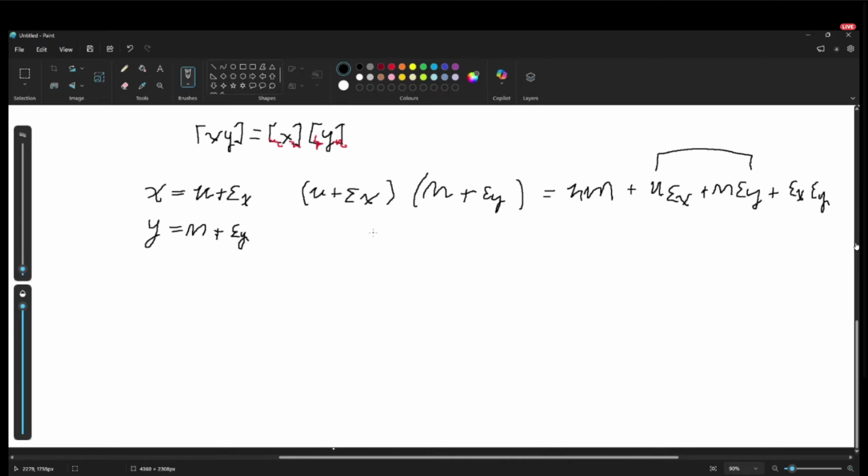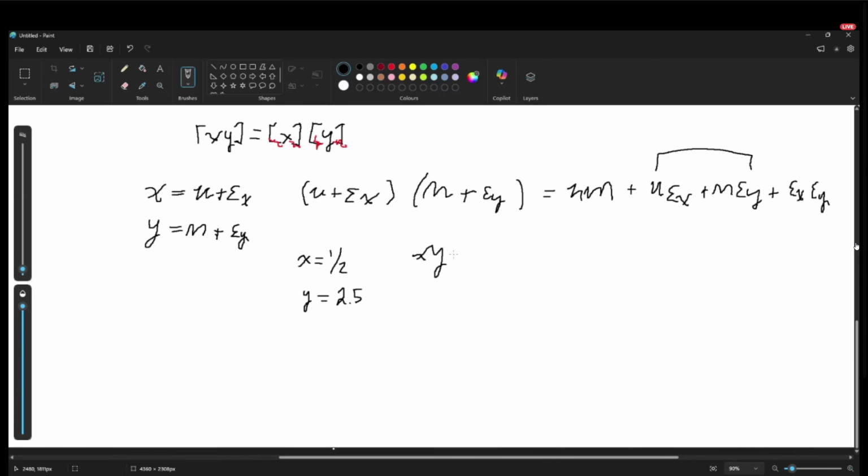So you can construct an example where, okay, let's say x is 1/2, and let's say y is 2.5. Then let's see what happens when you multiply them.